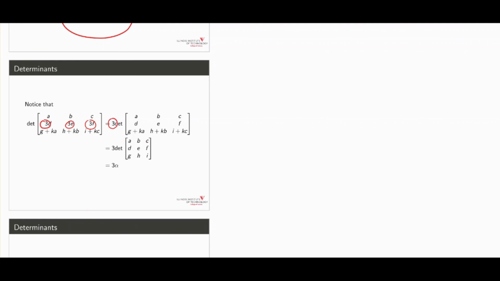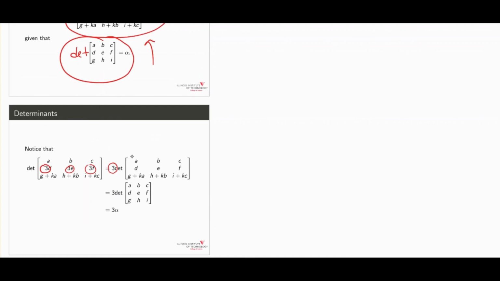After you factor it out, you will see that this determinant right here is exactly the same as this determinant. Why is that the case? If you forget about the determinants and just concentrate on this matrix, what is the relationship between these two matrices? Let's say we call this matrix A, and we call this matrix B.